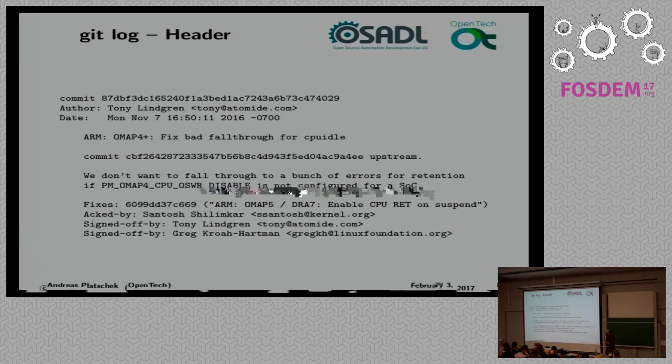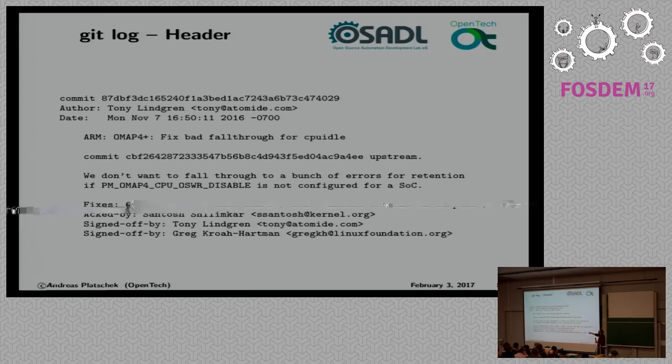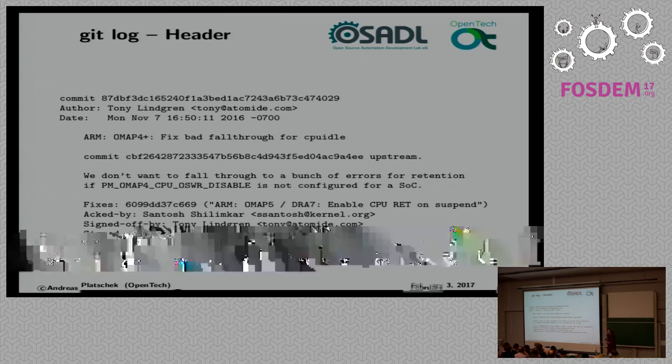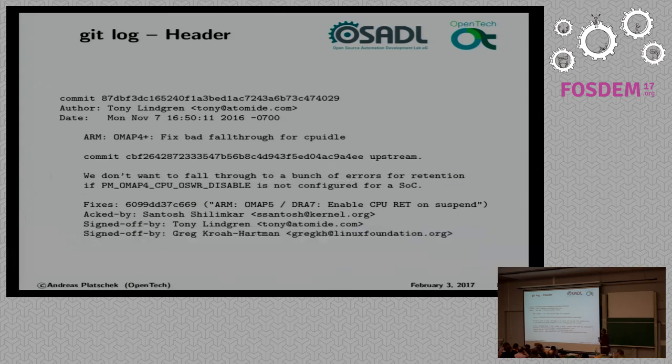So this Fixes tag basically says, okay, this is a bug fix, and this bug fix fixes a bug that was introduced in the commit that is identified by this SHA-1 hash, or by the 12 characters of a SHA-1 hash. So this allows us now to go back and find out where and when this bug was introduced.